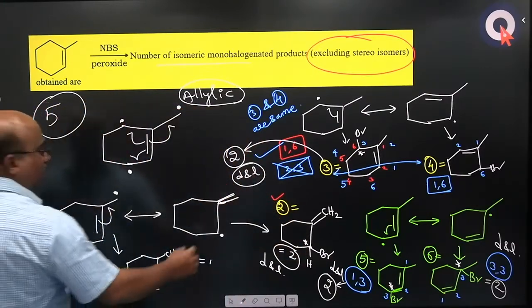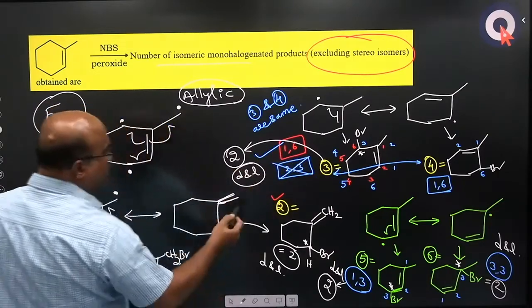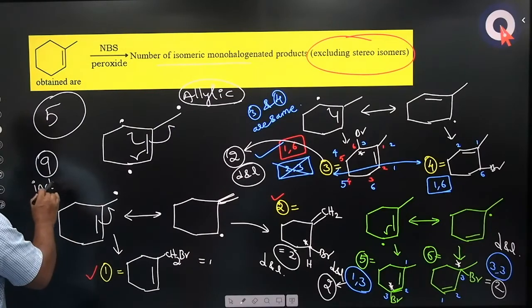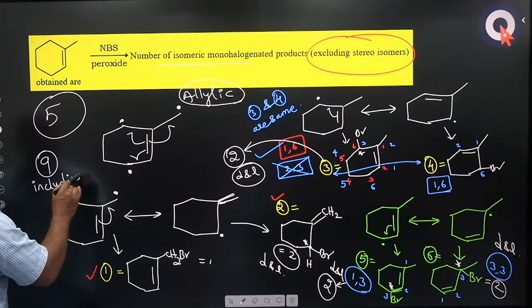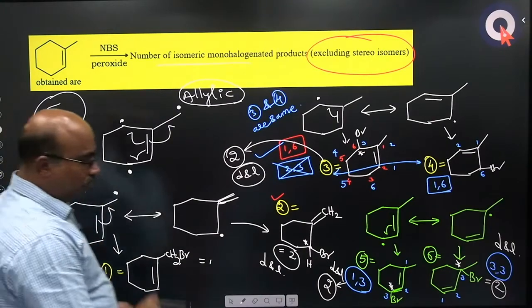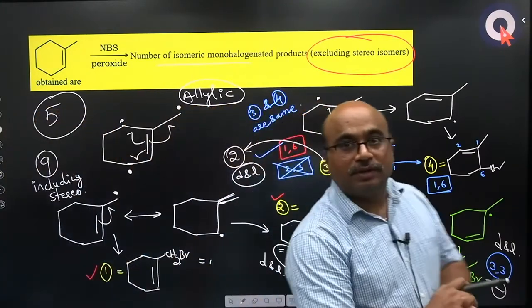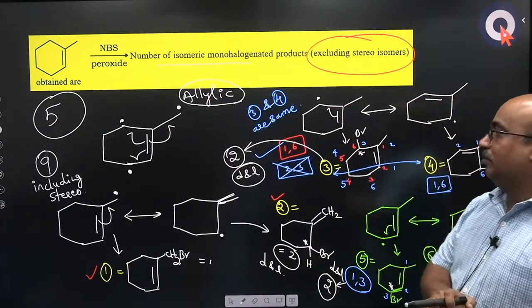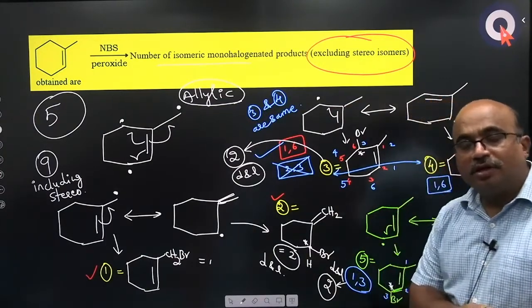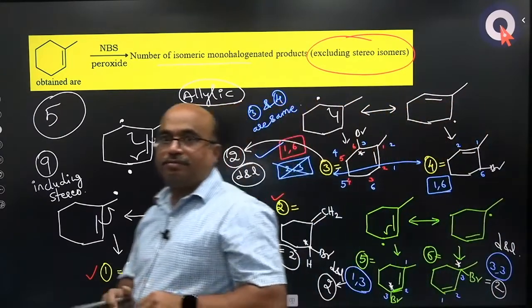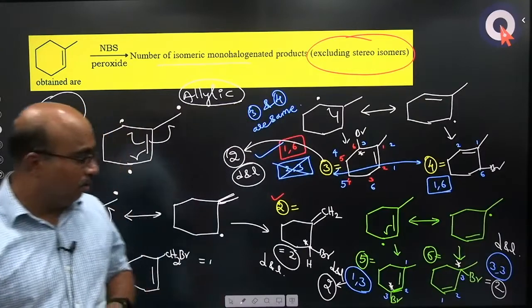So this 4 times 2, so totally 9 including stereo. So this is totally 9 including stereo, without stereo 5. Okay.